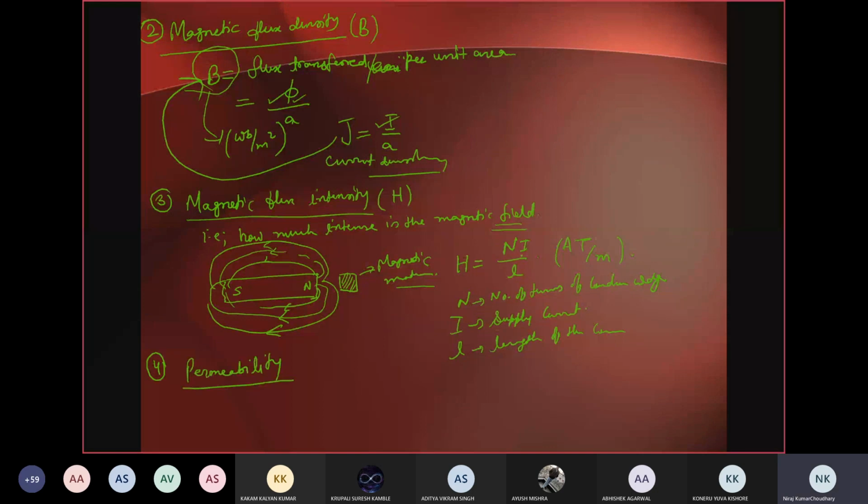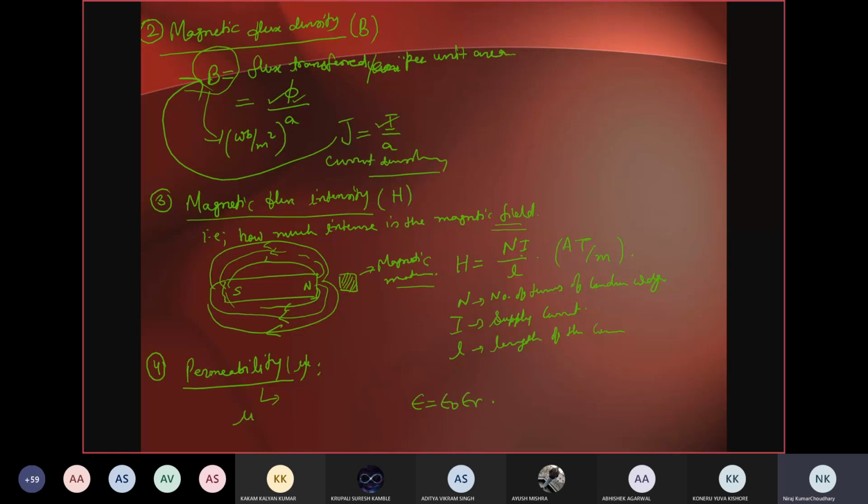So next one is your permeability, which is denoted by mu. This permeability basically holds the same identity as permittivity does in electrical circuits. Permittivity is epsilon equal to epsilon naught epsilon r.